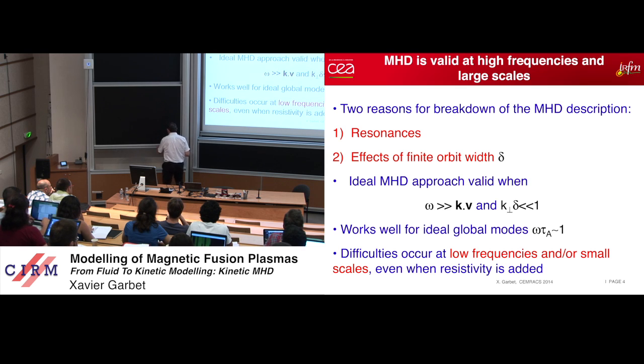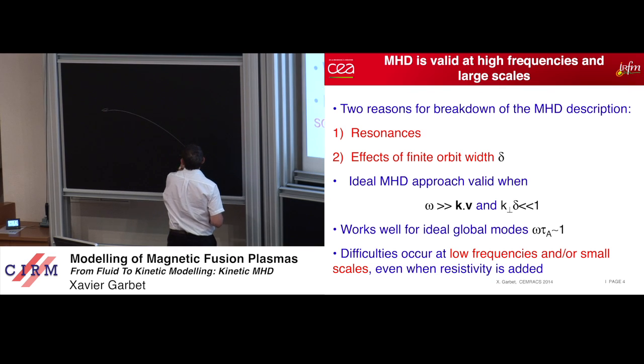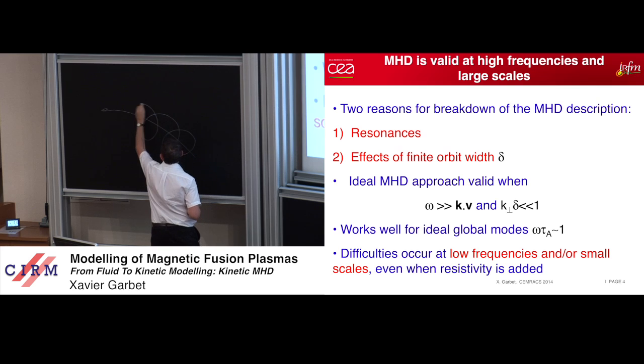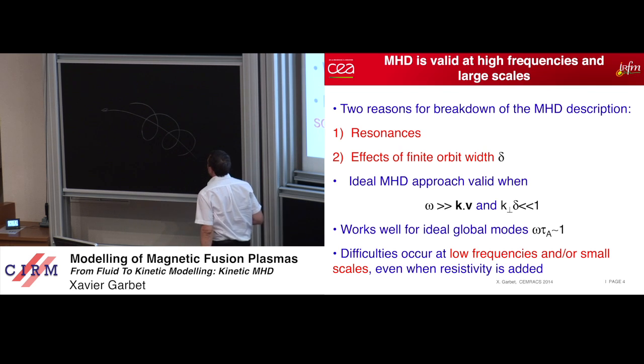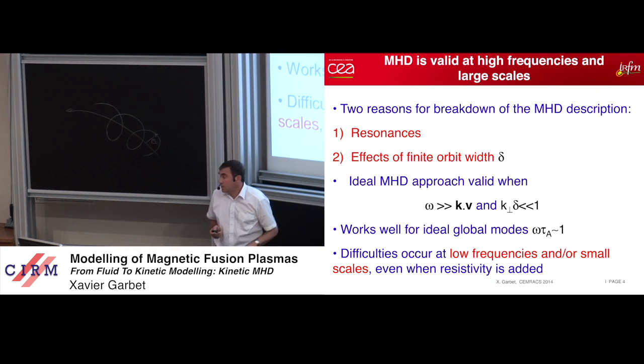If I can make a small drawing, if you take the simplest example, just the cyclotron motion of a particle in a field. So this would be a field line, and this would be the cyclotron motion. I will show a better drawing later on. The size of your cyclotron motion is the Larmor radius rho c. So this would be this delta actually.